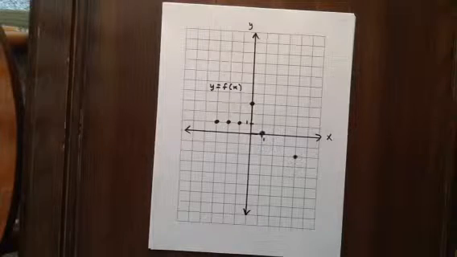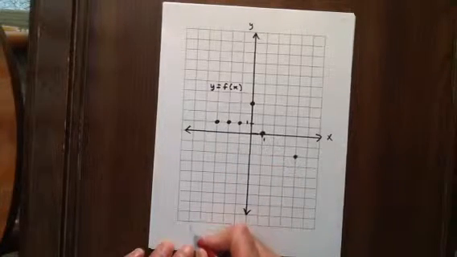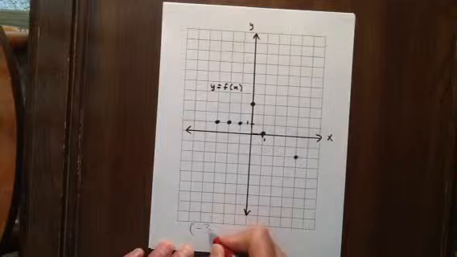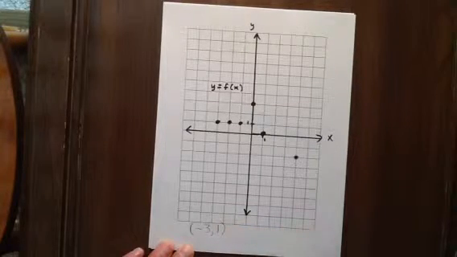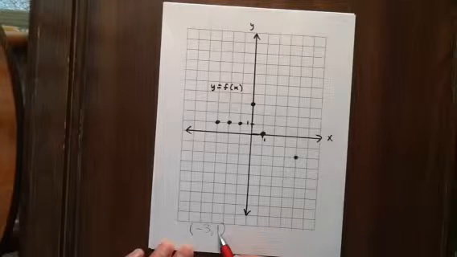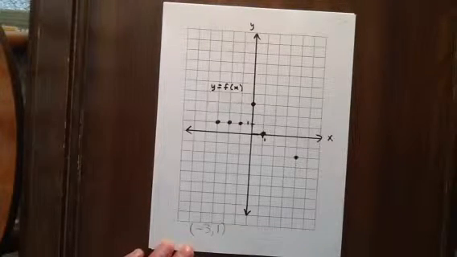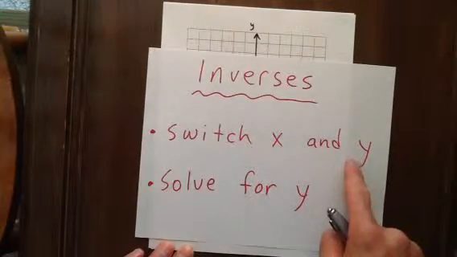So right here, this first point, this is the point negative 3, 1. So we can write that down here. Negative 3, 1. Well, if this is on the original function and we want to graph the inverse, remember what the fundamental idea of an inverse is. Switch x and y.